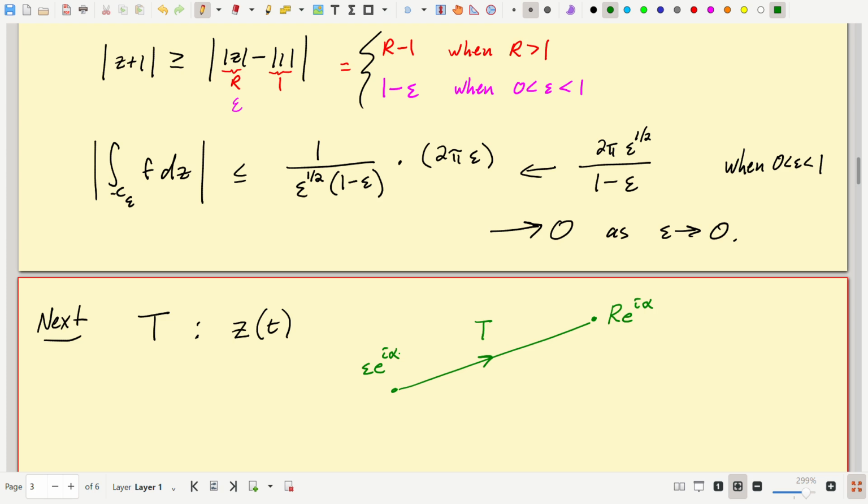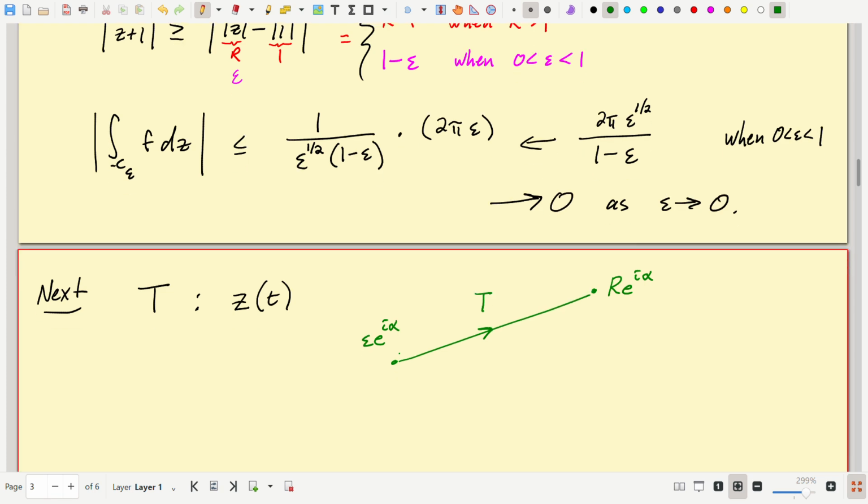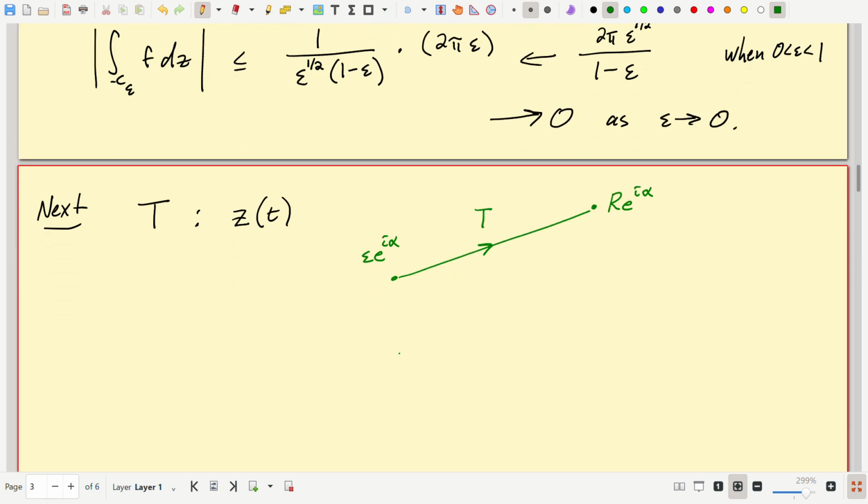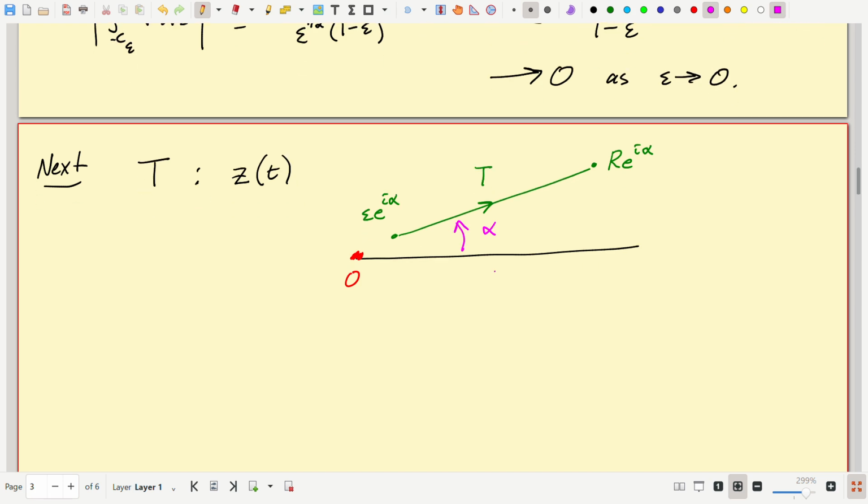So if you ask yourself how you might parameterize that curve, here's 0, maybe farther over. And this angle is alpha. Okay, so think about it.